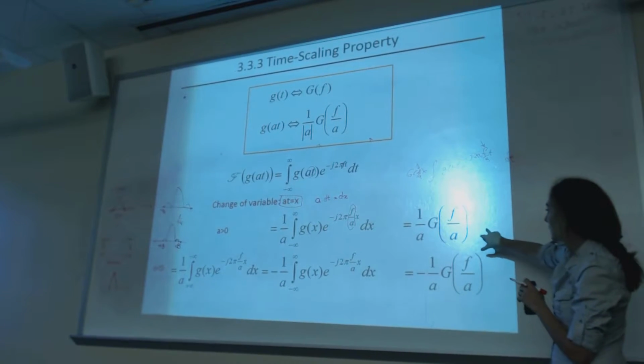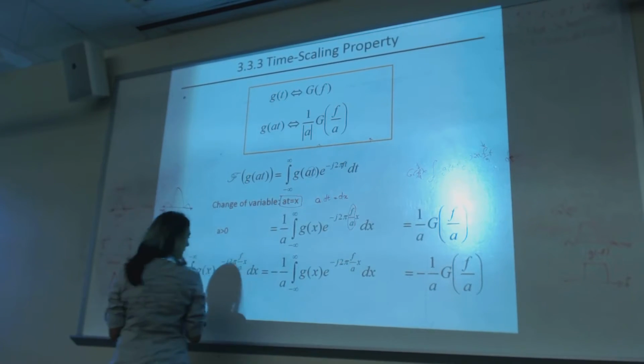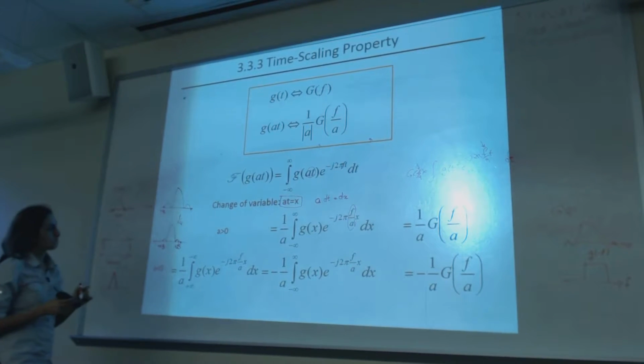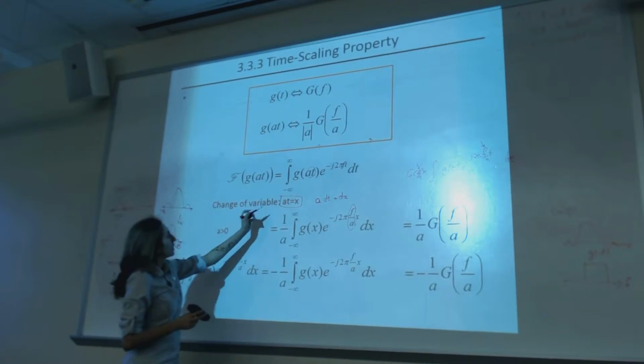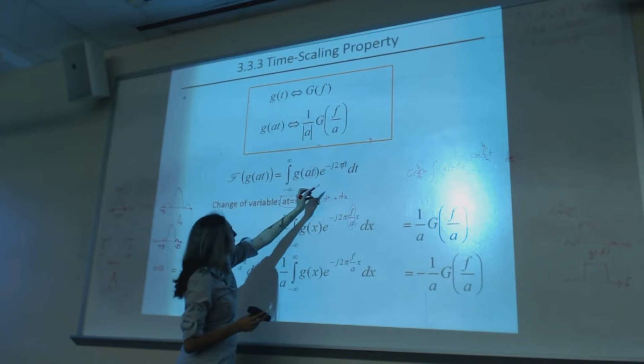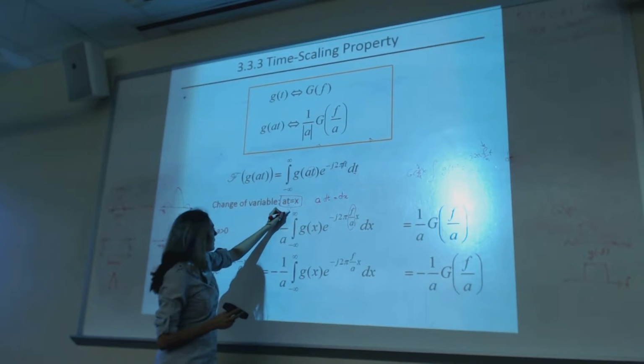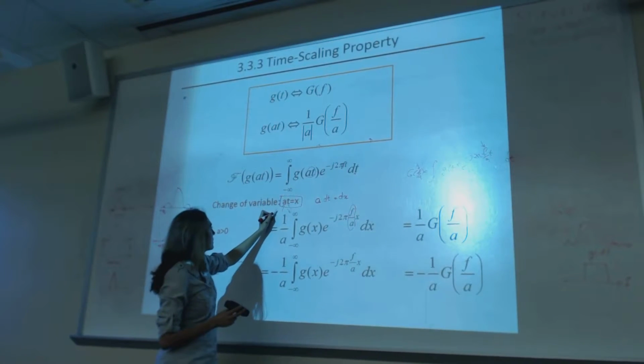And that's it. Now, depending on whether a is positive or negative, we have to consider one thing more. Here you have minus infinity and infinity, right? So if your t is minus infinity and your a is positive, what do you get?